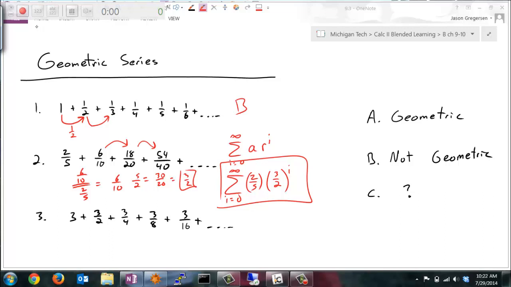All right, last one. Geometric or not geometric? If it's geometric, write out the summation.